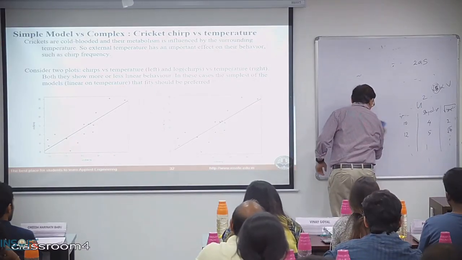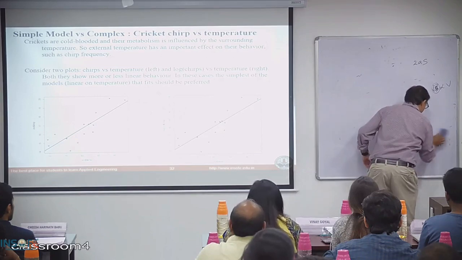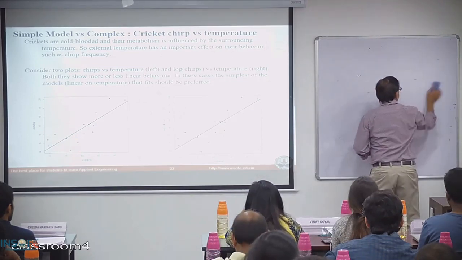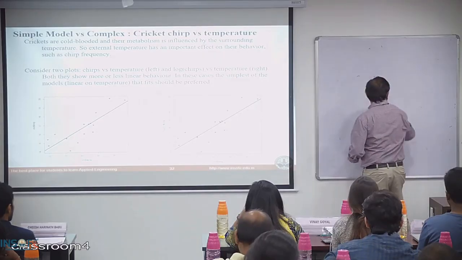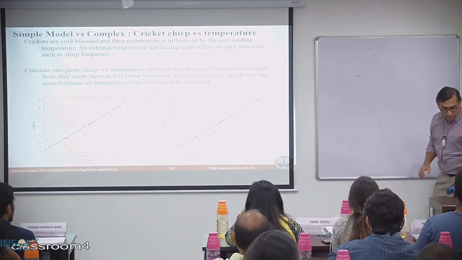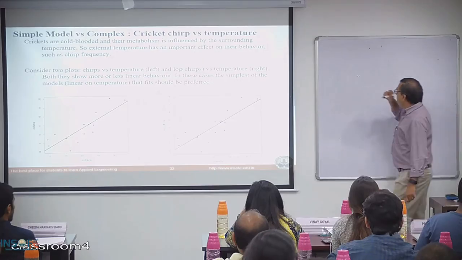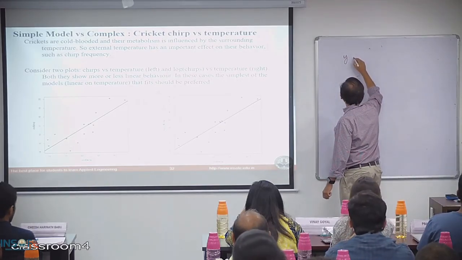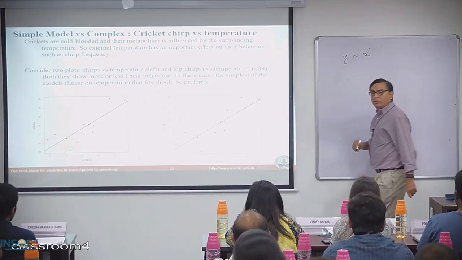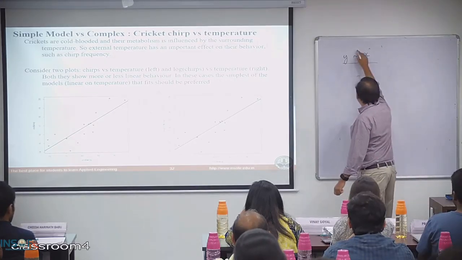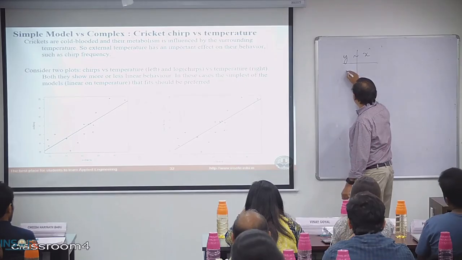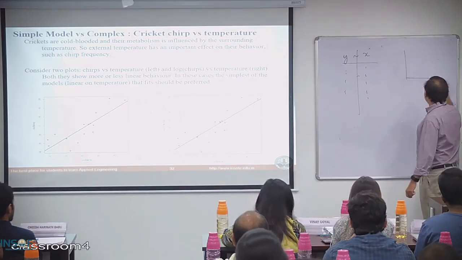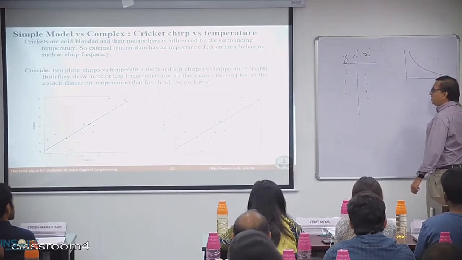Just to be clear, there were some questions on this, so let me explicitly write out what we are doing. Previously we were plotting y versus x. This was a data set, for example, the memory data set. It looks like this.